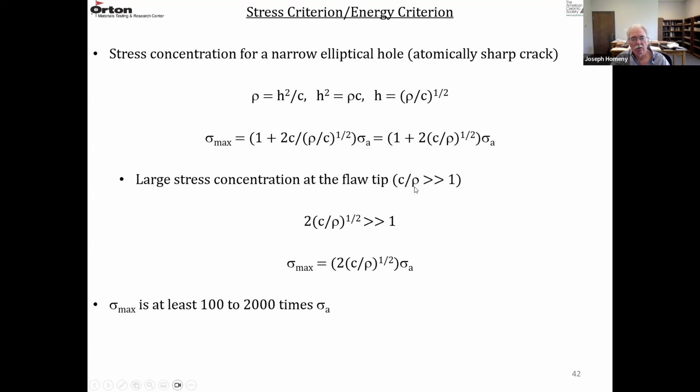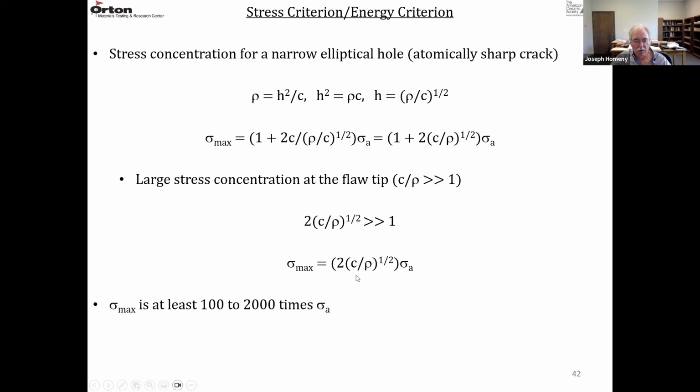C over rho is a high number, much greater than 1, because the stress concentration at the flaw tip is high. So we can eliminate the 1 in this equation here because 2 times (C over rho)^(1/2) is much greater than 1. So the maximum stress simply equals 2 times (C over rho)^(1/2) times the applied stress.